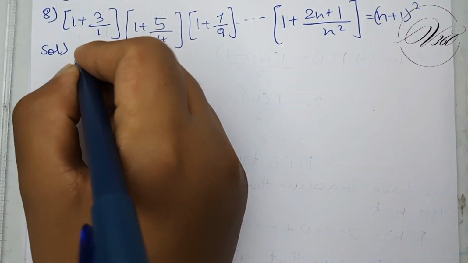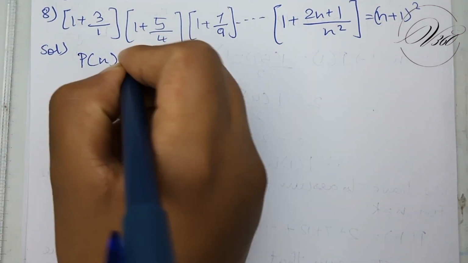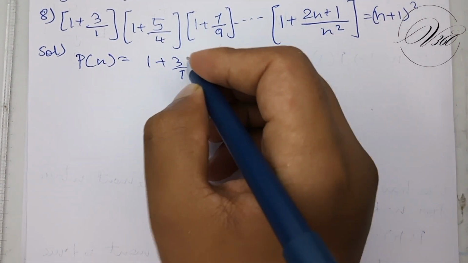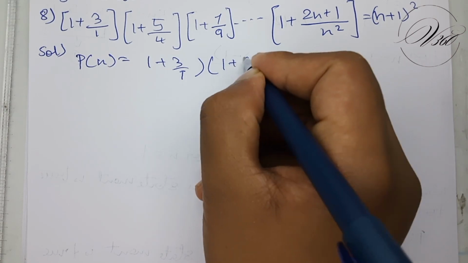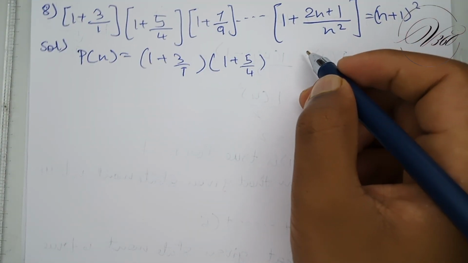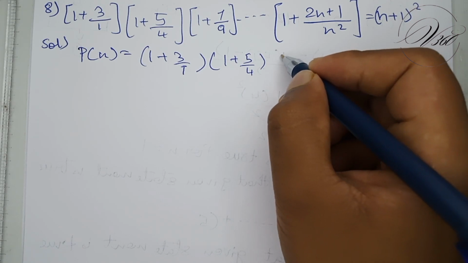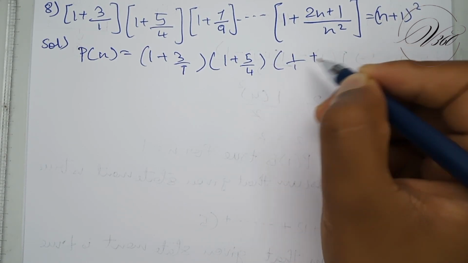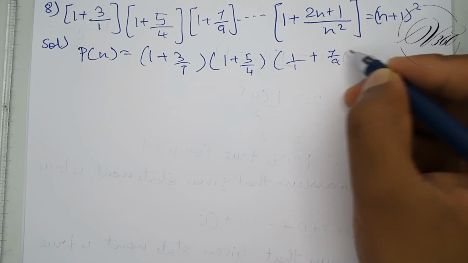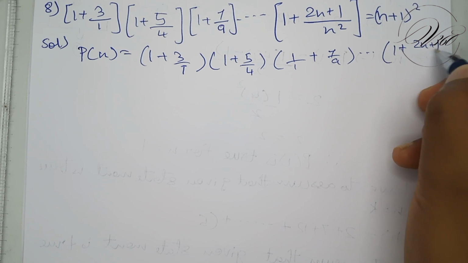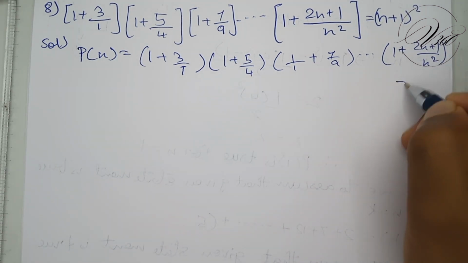The first step here is P(n) is equal to (1 plus 3/1)(1 plus 5/4)(1 plus 7/9) up to (1 plus (2n plus 1)/n square) is equal to (n plus 1) whole square.